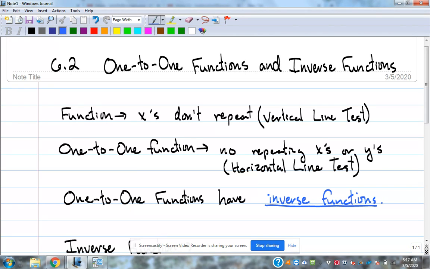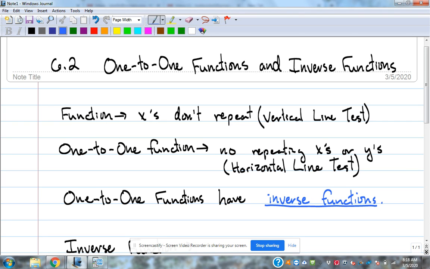So a one-to-one function, the original function will pass the vertical line test and the horizontal line test. When you find the inverse, and we're going to talk about doing that today, the inverse function will pass the vertical line test and the horizontal line test. So we can find inverses for things that are not one-to-one, but that doesn't necessarily mean that the inverse is a function. A one-to-one function, you'll get a function of the original, and the inverse is also a function. So one-to-one is pretty special in that.